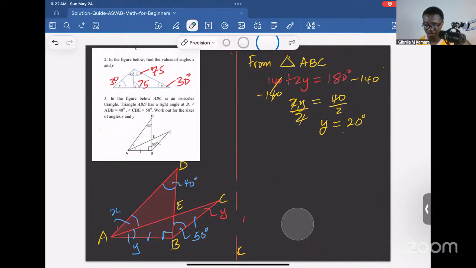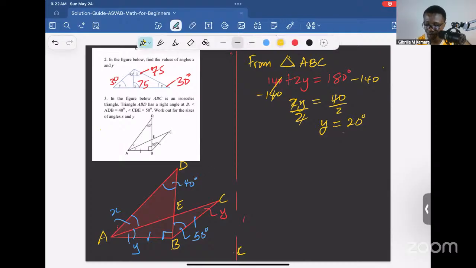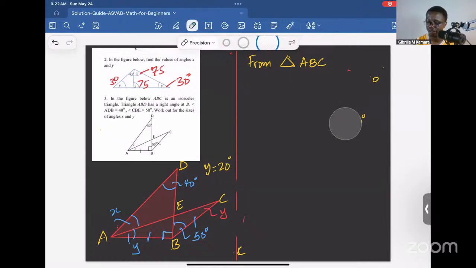So now, once we get y, the next thing is to find our x value. So we are going to extract triangle ABD. Let's give the answer for y. Let's put it here. Y is 20 degrees.